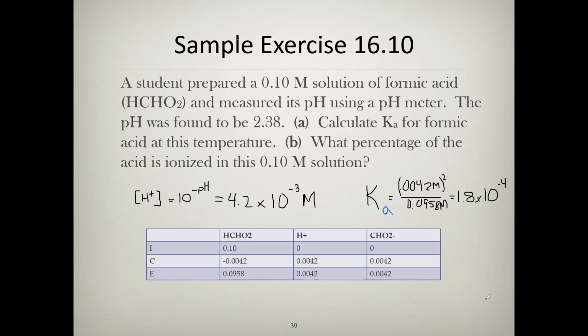And then with the second part, oops, I didn't include that one here. But with the second one, if we just think about part over whole times 100, we could do 0.0042 divided by the 0.1, and then just multiply by 100 to get that percentage. I just forgot to include that here.